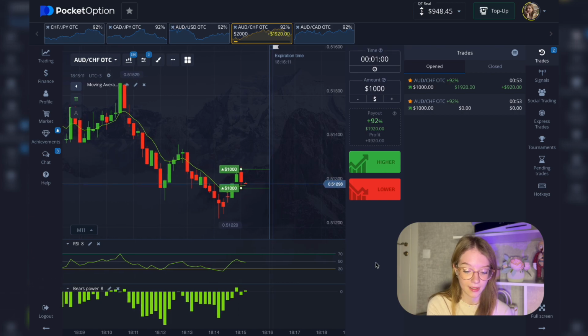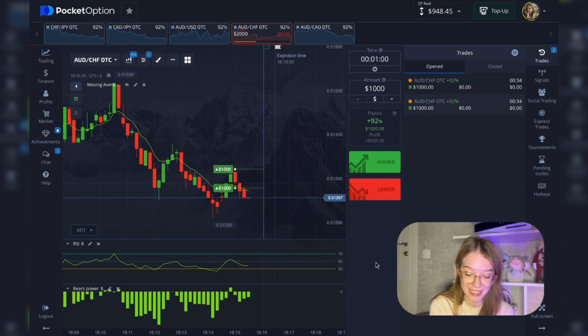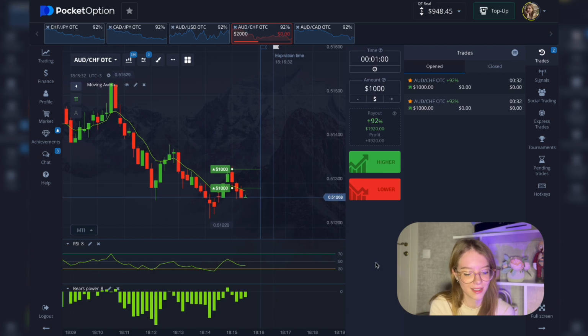The best power candlesticks have moved to the upper side of the indicator and are starting to rise, and their size is trending upwards. I think this will be the last trade for today, so I'm going all in and opening two $1,000 trades at once. I hope it works out for me.